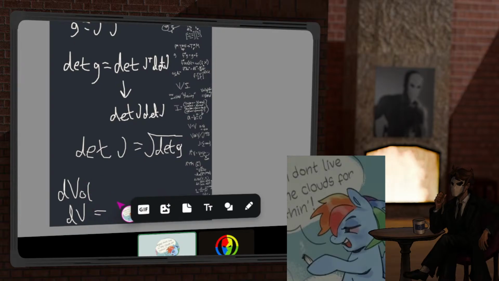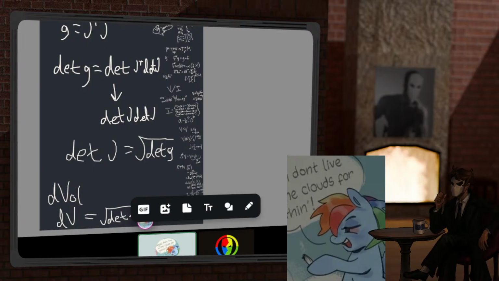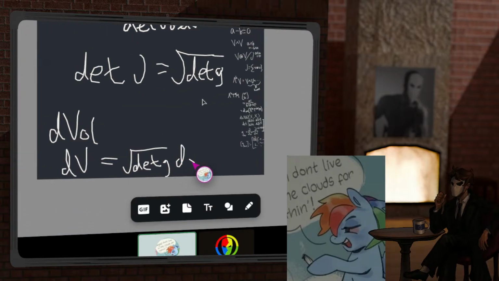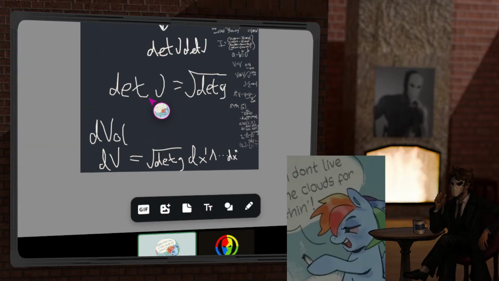We define it as this determinant square root times all our basis 1-forms wedged together in increasing order, so we get a top form of sorts. Now I'm going to briefly explain how to actually integrate these things, because we don't just use dx for no reason.